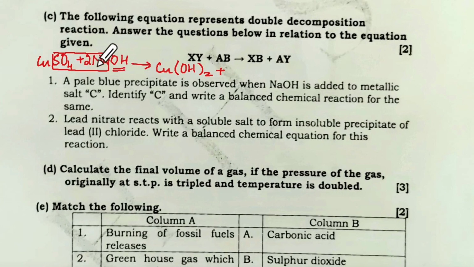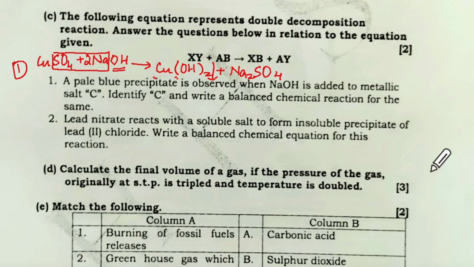Then which is the other one that will get compound? Na2SO4. Now you know that this is going to be a precipitate. And what is this right over there? Pale blue precipitate. So this full thing is 1 mark, means half mark for saying that it is CuSO4 and half mark for writing the reaction. Give yourself marks.